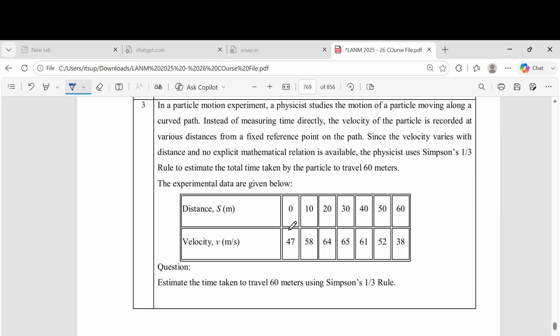So this type of question. It is given here 0, 10, 20, 30, 40, 50, 60, and 47, 58, 64, 65, 61, 52, and 38.